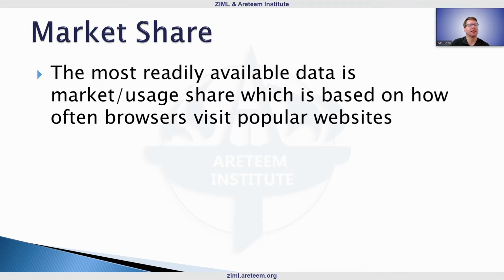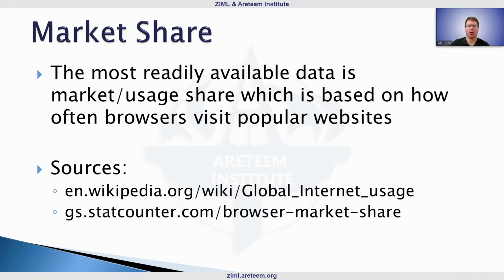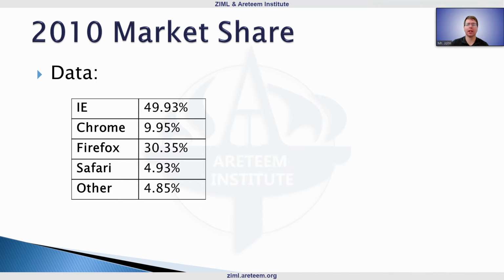So if we look at a ton of popular websites, we can get a good idea roughly of what browsers people are using. So there's some data with this on Wikipedia, right? And some of the specific data, which I will link some Excel sheets in the description below, are based on this statcounter.com as well.